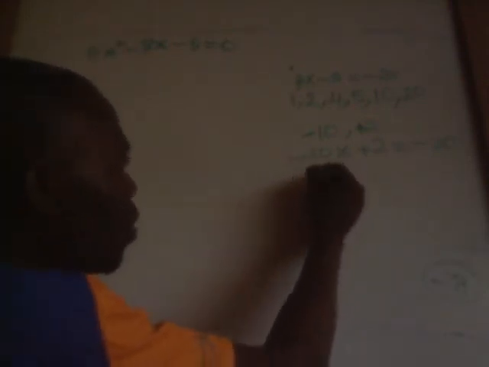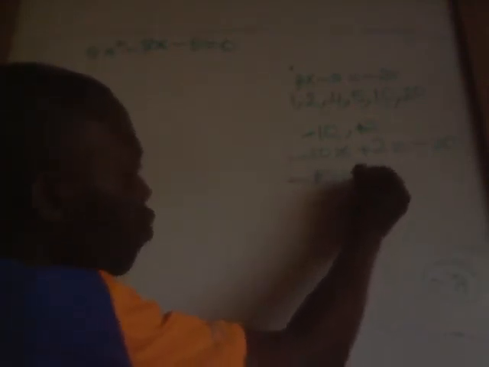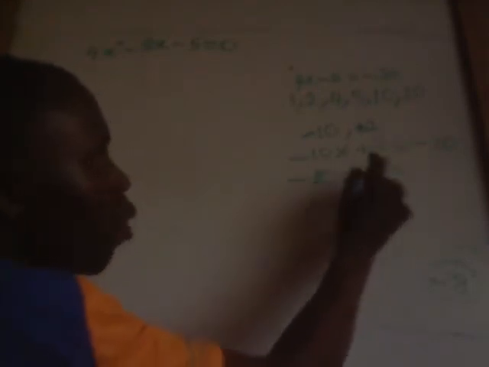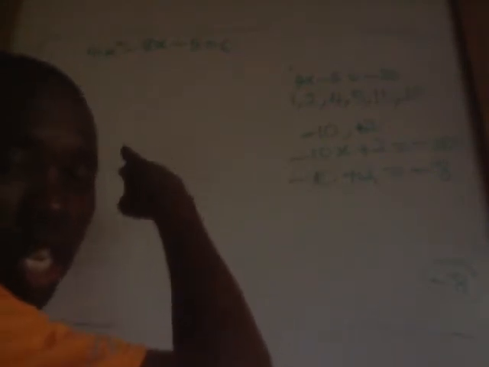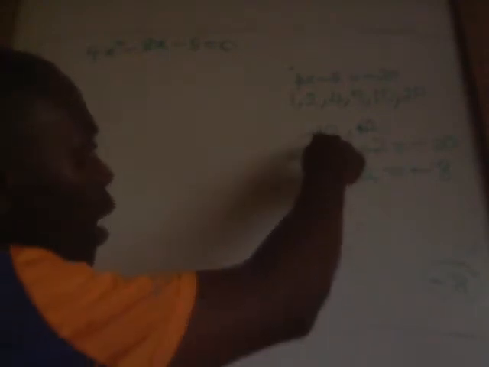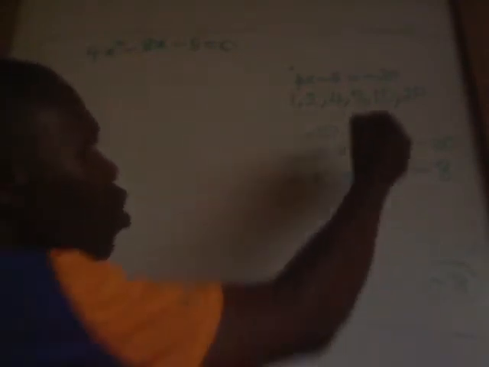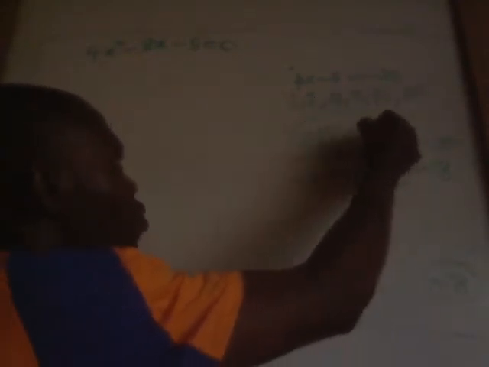Minus 10 plus 2 gives us minus 8. Condition 2 has been met. So our real factors that we're going to use in the equation are minus 10 and plus 2.